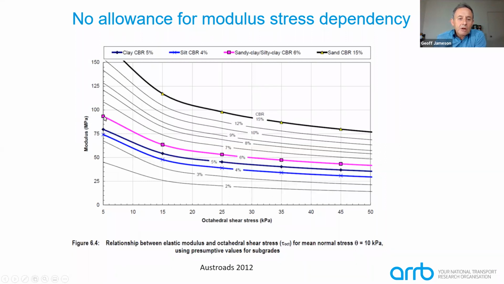If you have very low stresses, the modulus that can develop is a lot more than 6 times 10, 60. It can be quite a lot higher, whereas at high shear stresses, it can be lower than 60 MPa. We make no allowance for that stress dependency in our Austroads procedure. We have one rule, 10 times CBR.